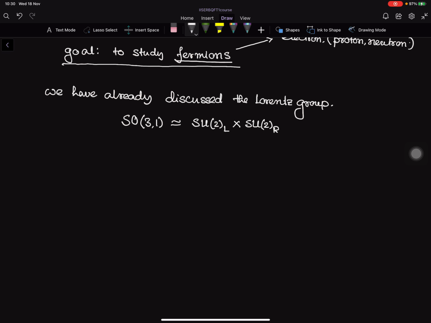This indices left and right is just a convention, there is no objective meaning of them.